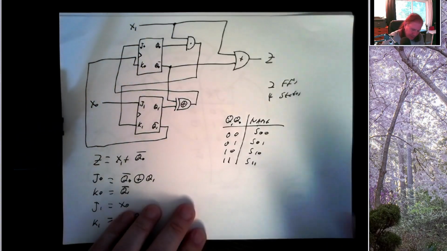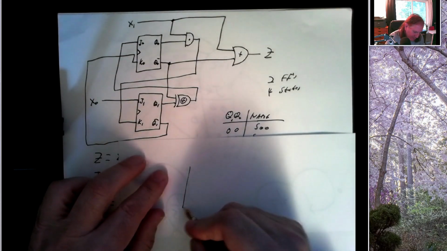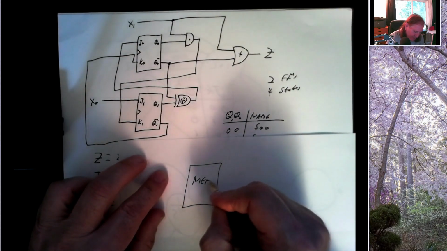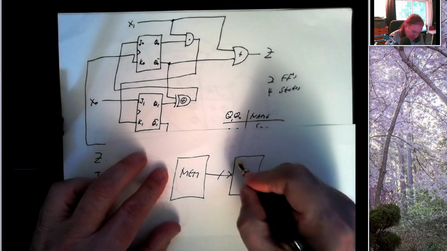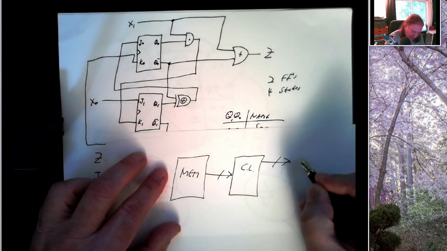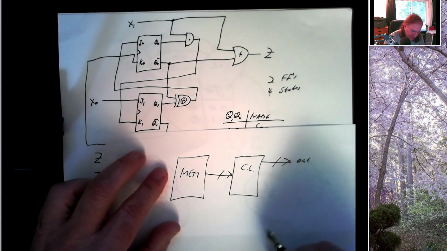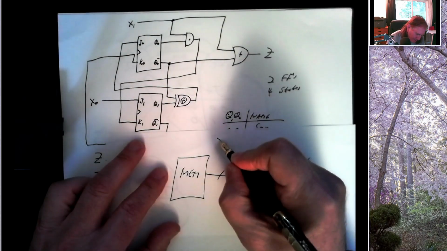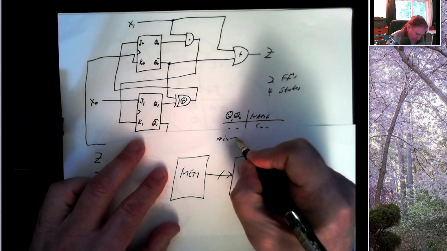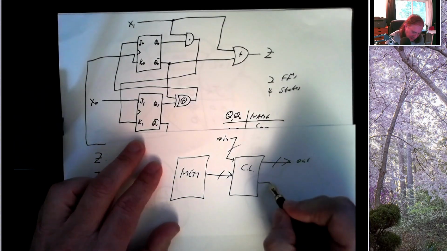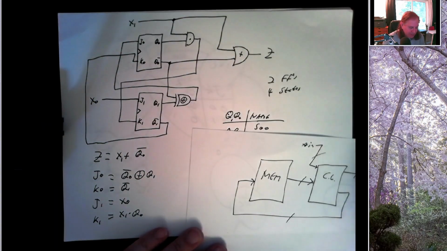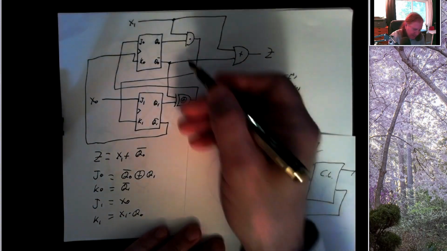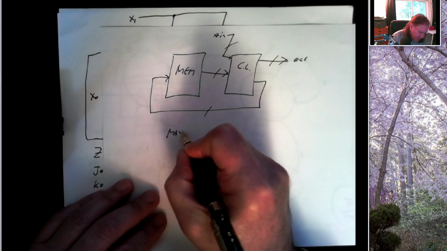Suppose that we go back to our original drawing where we had some memory, and then in this case, we've got 4 outputs going into some combinational logic, and this generates some outputs, one output in this case, and there's some inputs coming into this machine, and then there's a feedback path. And in this case, there's 4 lines of feedback coming into these flip-flops because we have 4 inputs. And we want to know what's the maximum clock speed.